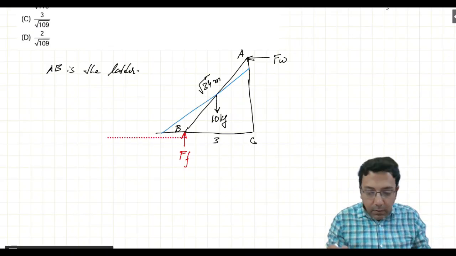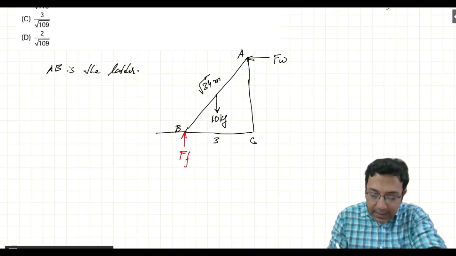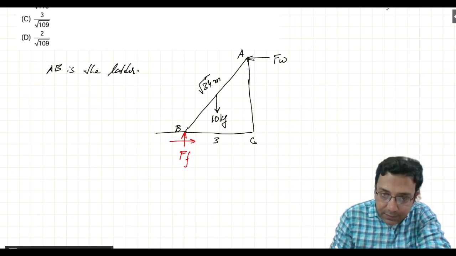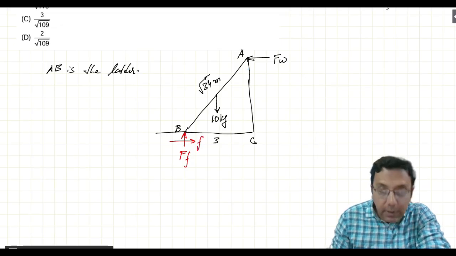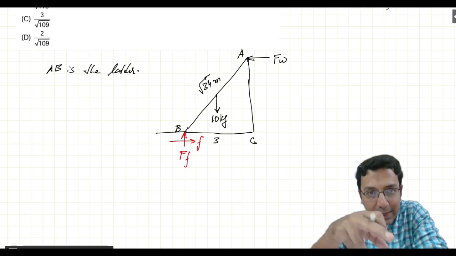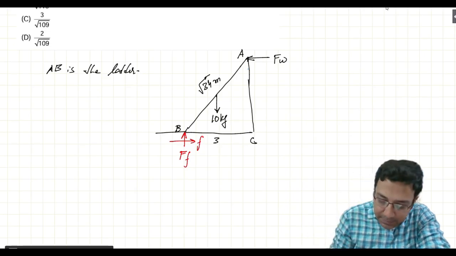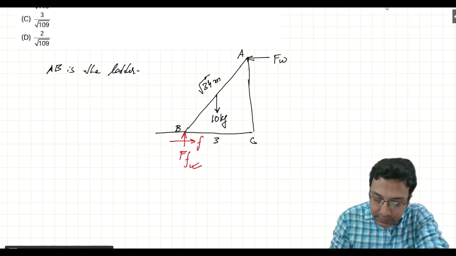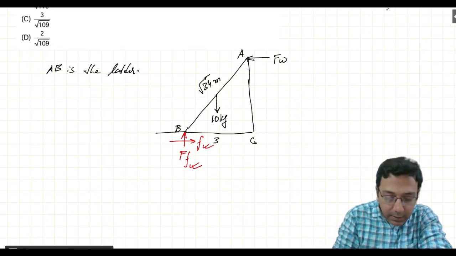It is sliding down. So as it is going down, there will be a component of friction that will be towards the left. So that I am writing as small f. Need not confuse this small f with FF. This particular F denotes the floor, but this f denotes the friction.